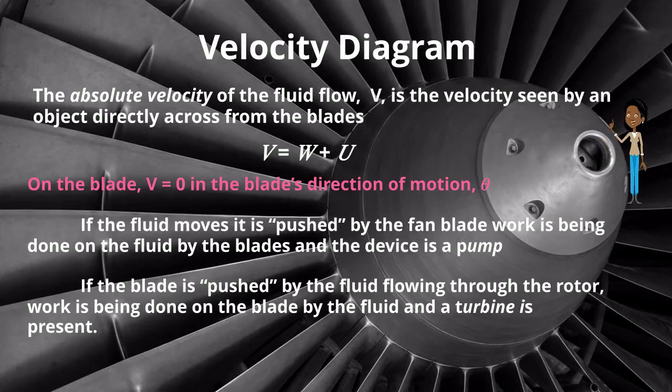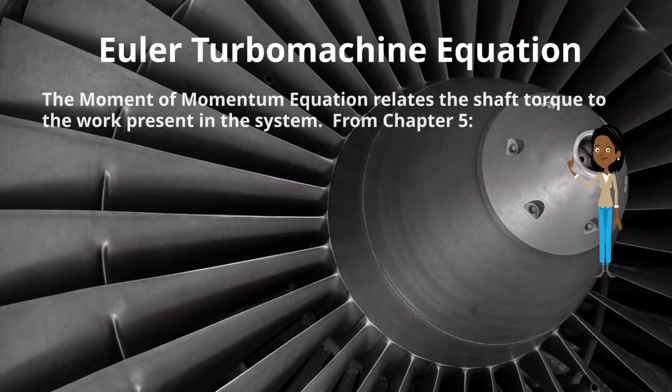And as it flows past the fan blade, if the fluid is being pushed by the blade itself, the device is a pump. But if the opposite occurs, and if the fluid pushes the blade, then the device is a turbine.